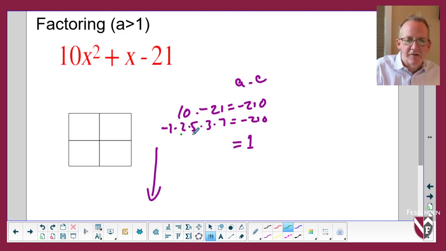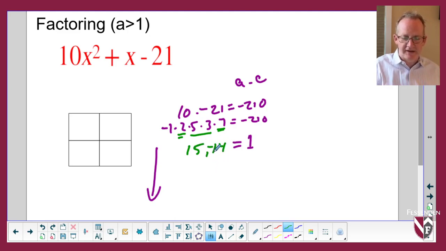What if I put together 5 and 3 and 2 and 7? That'll be 15 and 14. And one's negative. If I have 15 and 14, and the 14's negative, will that add to positive 1? The answer is yes. So that just helped us identify how to get to that 1x.